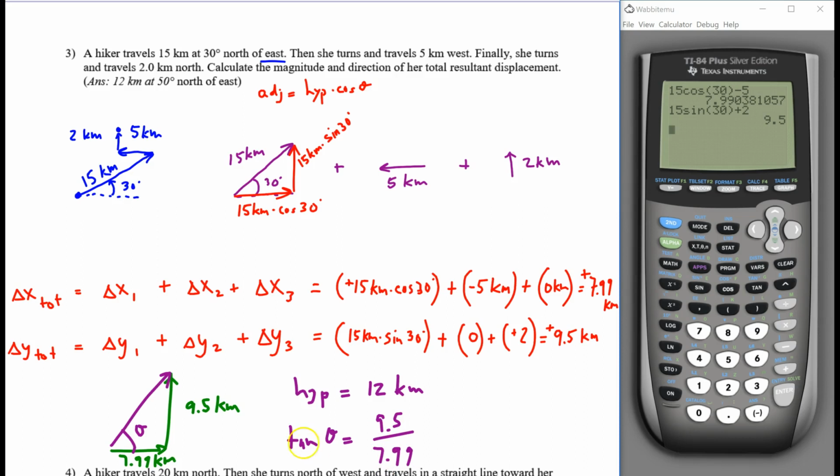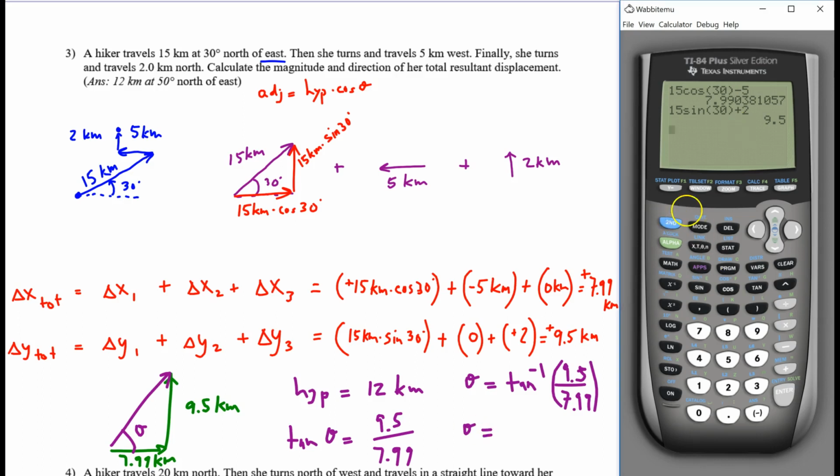And then we have to isolate theta, so we divide both sides by tan, or we multiply by the inverse of tan. And here's how we write that: inverse tan of 9.5 over 7.99. That's the way to show that on our paper.